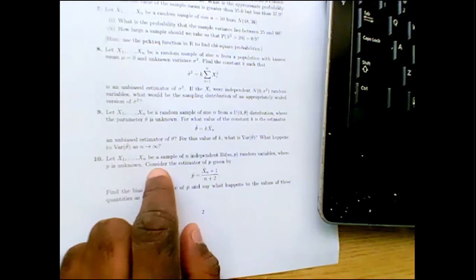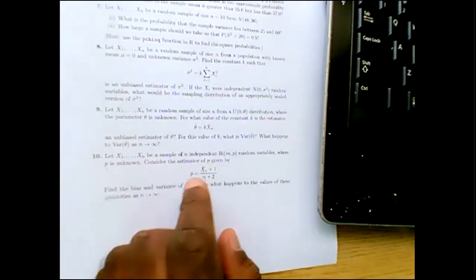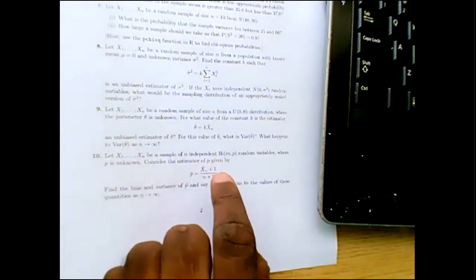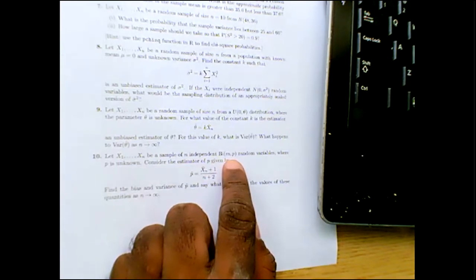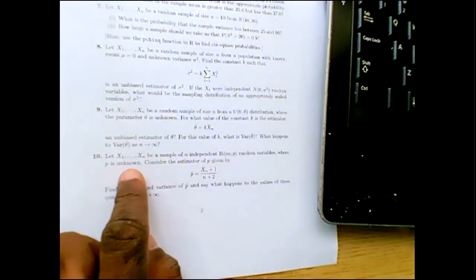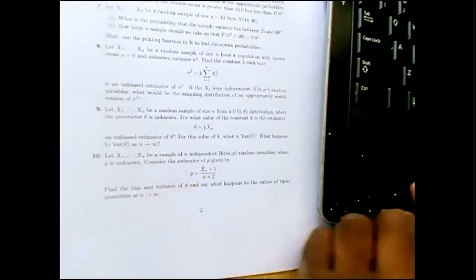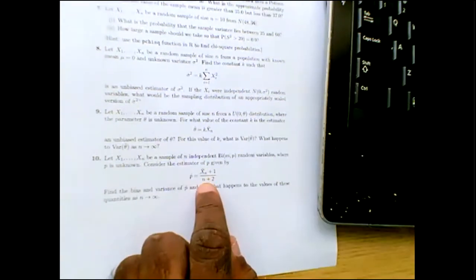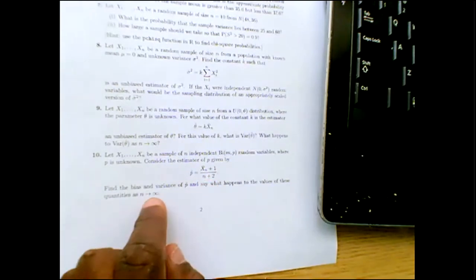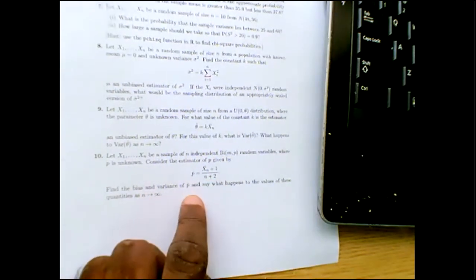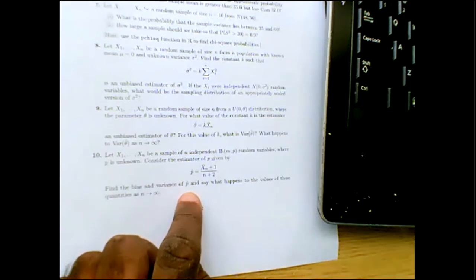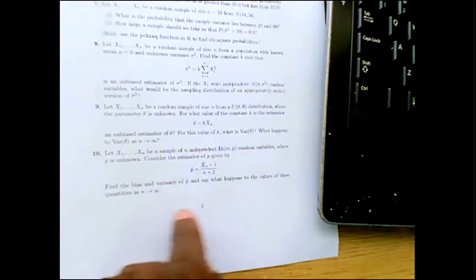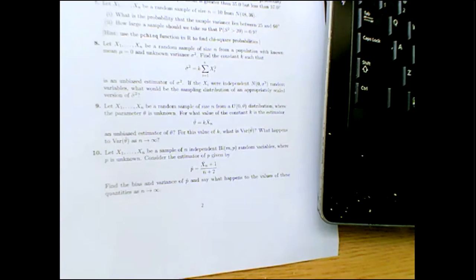It says that you have IID random variables, which are binomial with parameters m and p, where p is unknown, and we are considering this estimator for p. The question is to find the bias and the variance of p hat, and say what happens as n goes to infinity.